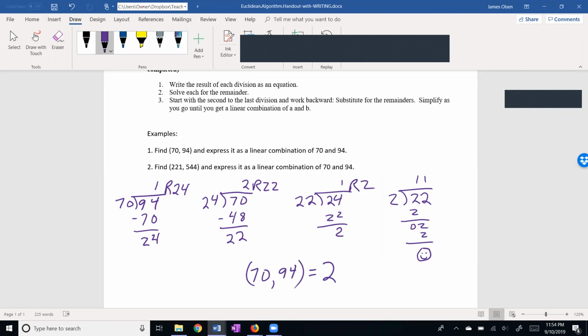It looks like I have a typographical error here on my handout. This should be 221, and this should be 544. So now let's try to do this with 221 and 544, and if you can be one step ahead of the professor, that's great.